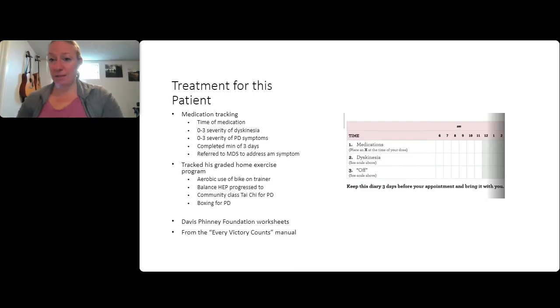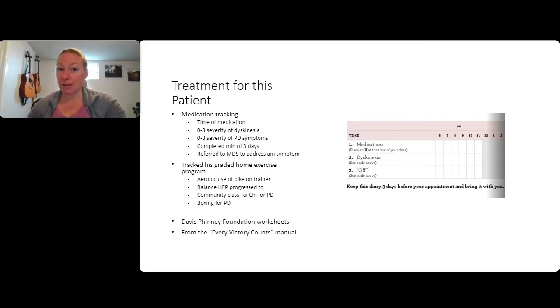And this is a great task, both for PT or OT, for us to help collect more information for the movement disorder specialist as well as for us. And we use what's called a medication tracking sheet, or the dyskinesia on-off log. And you can find that on the Davis Phinney Foundation website under worksheets, and in their Every Victory Counts manual.